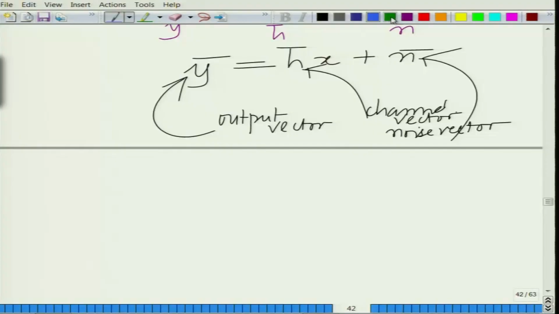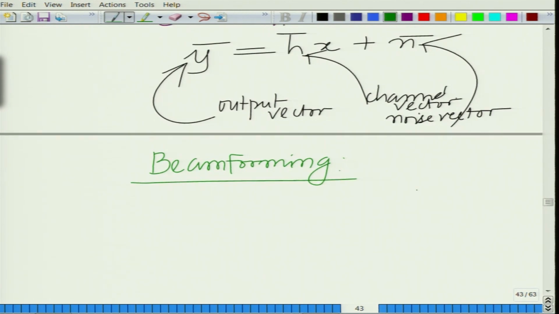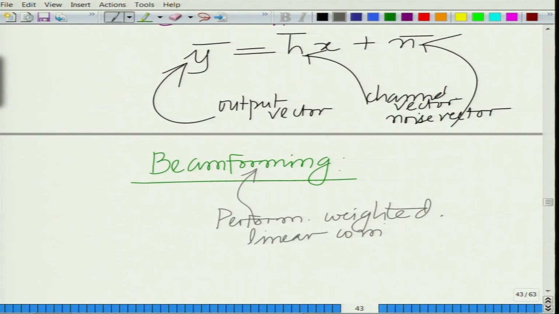So, for beamforming, what we do is essentially we perform what we term as a weighted linear combination.